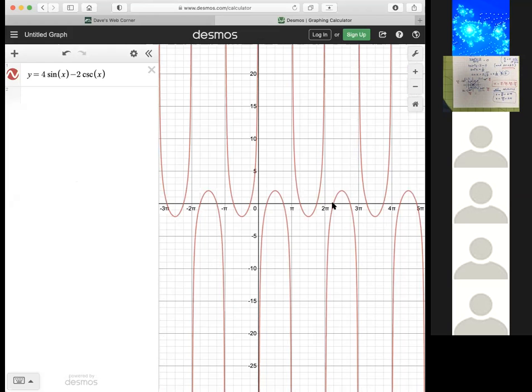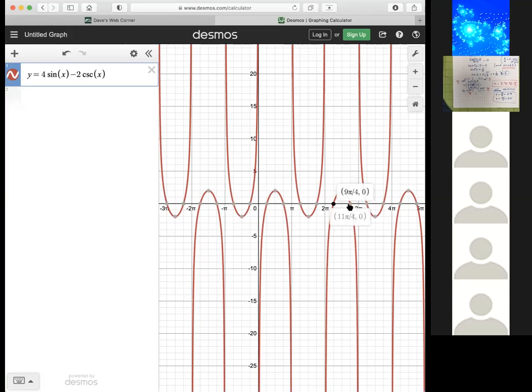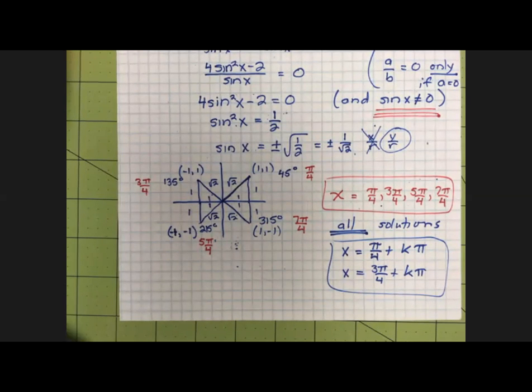So there would be the next answer right there, 9 pi over 4, 11 pi over 4, 13 pi over 4, 15 pi over 4. Okay, so the graph is handy. I'm going to pop out of there. Let me see if I can pick one more.